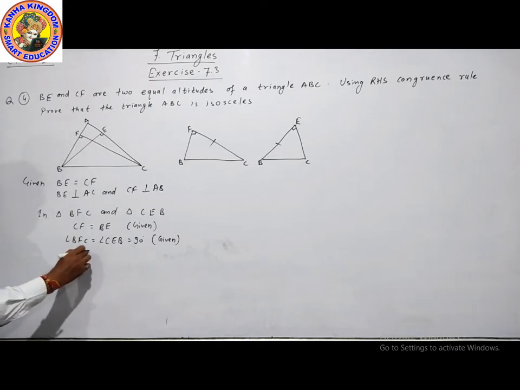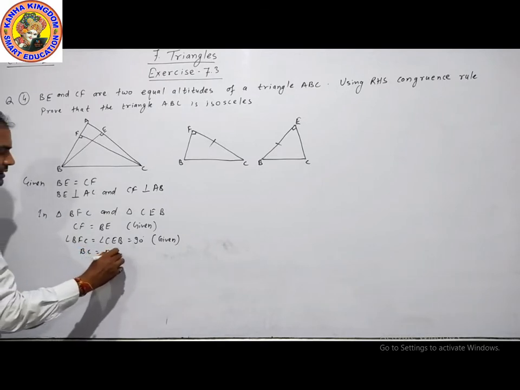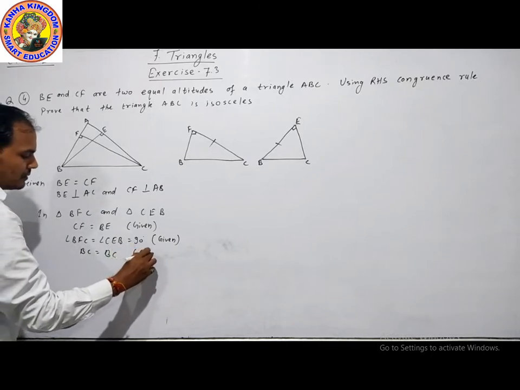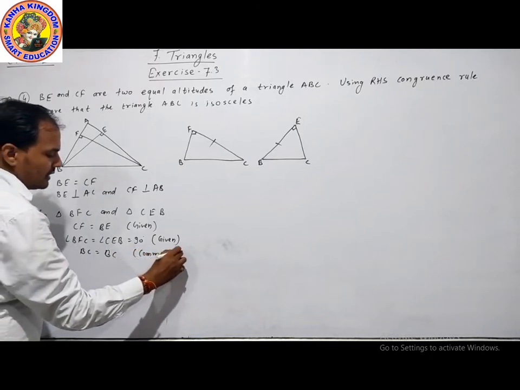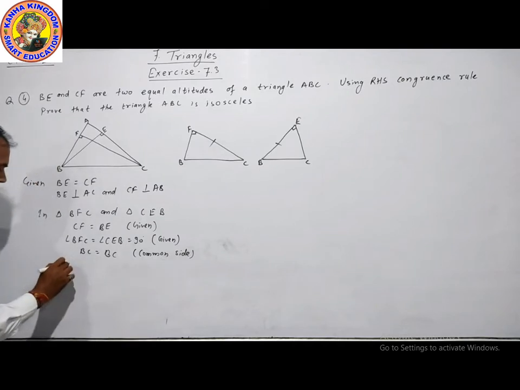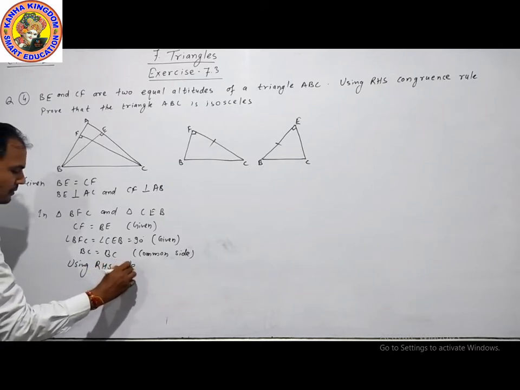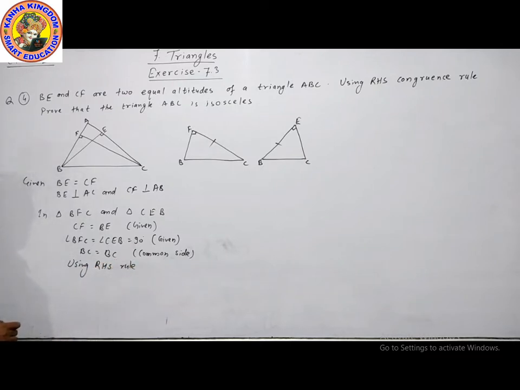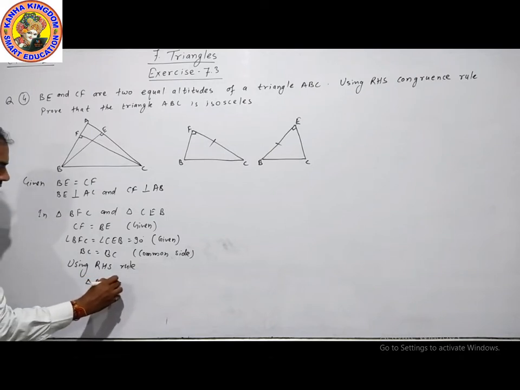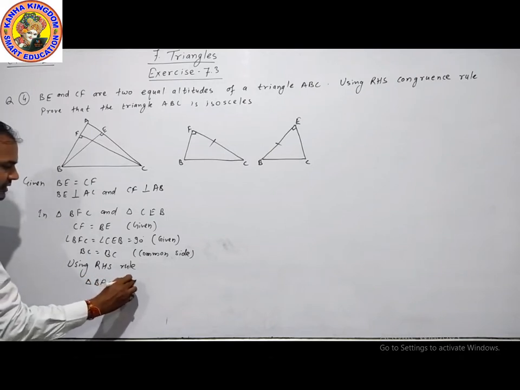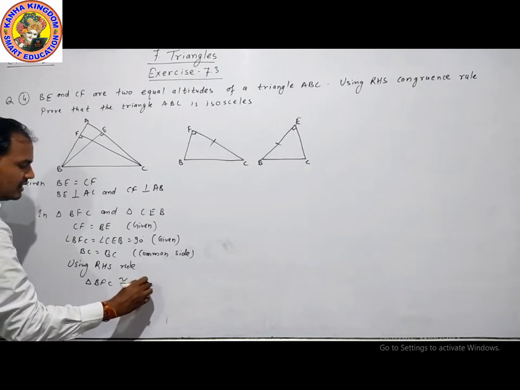Now BC is equal to BC, the common side, using the RHS rule. Triangle BFC is congruent with triangle CEB.